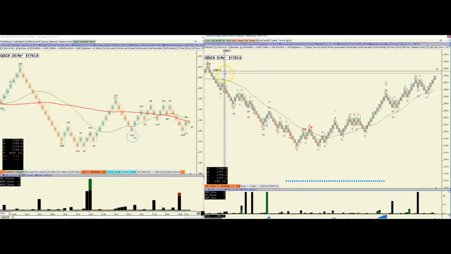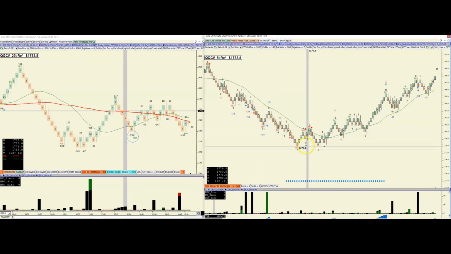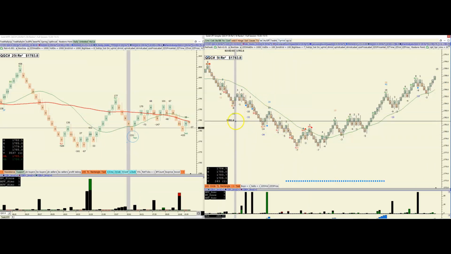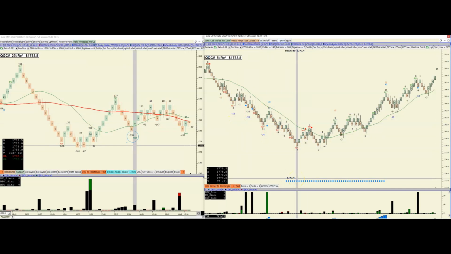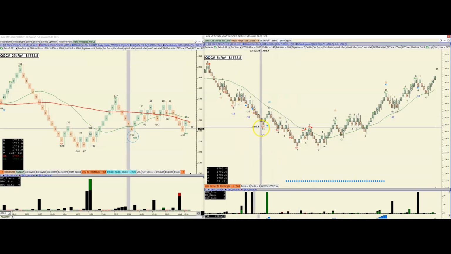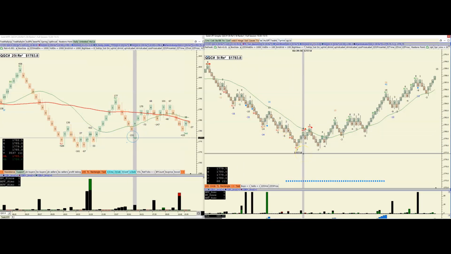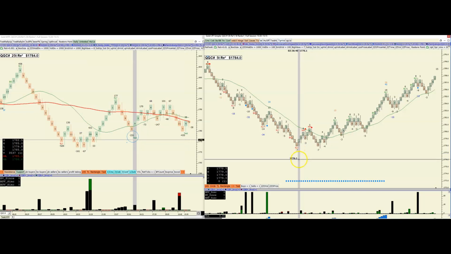All right. So we see a market that's going down, down, down, down, down. So what are the volumes here saying? 13, 14. Do you have a climax? The answer is no. I don't see it.